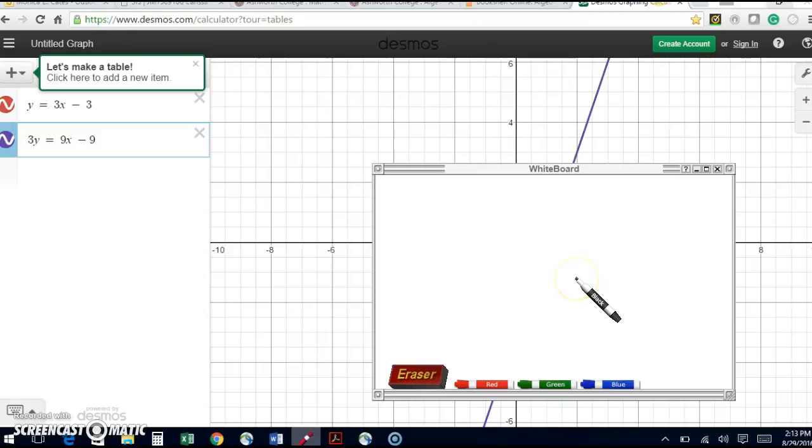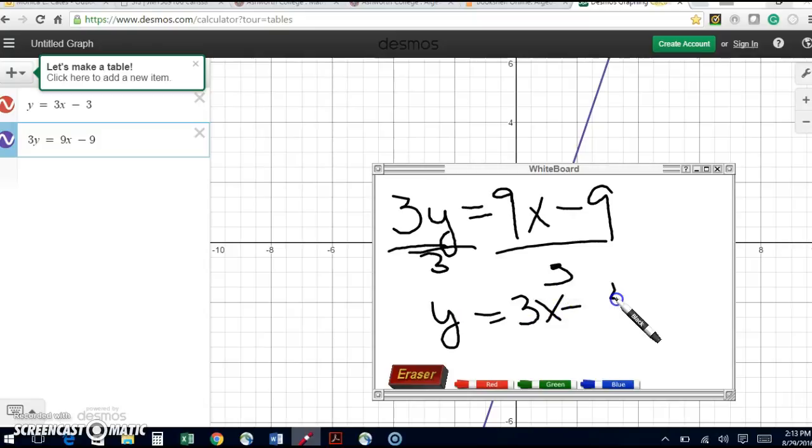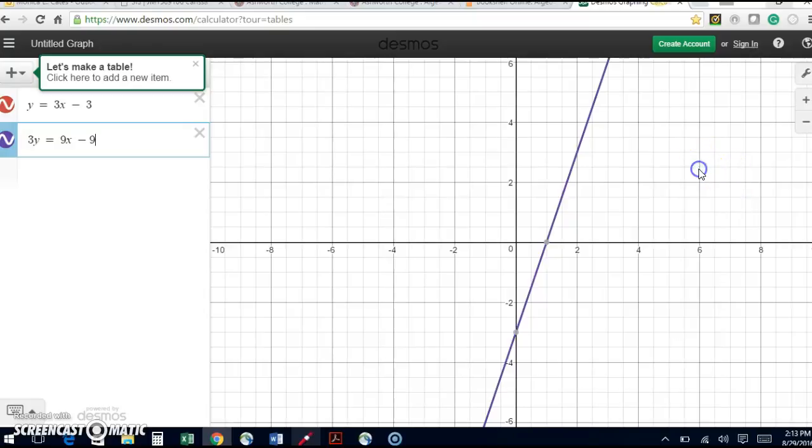They've given us an example of what they've already showed us to do. But if I solve it for y, which I should do, to put it in y-intercept form, I divide both sides by 3, and I get y equals 3x minus 3. This is the exact same thing as the first one. So that means there are infinitely many solutions. And so it's consistent, dependent.